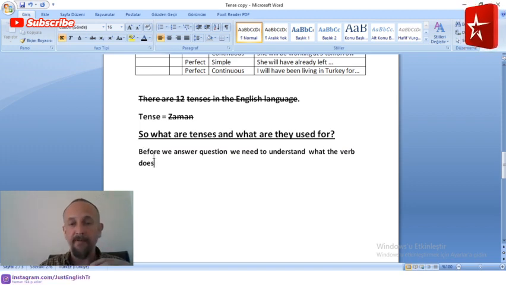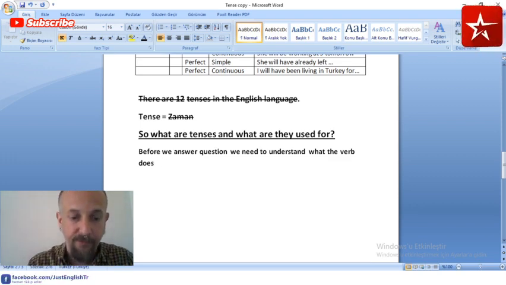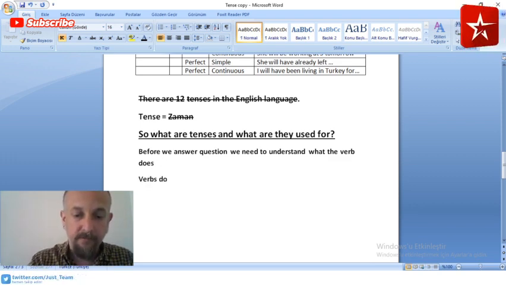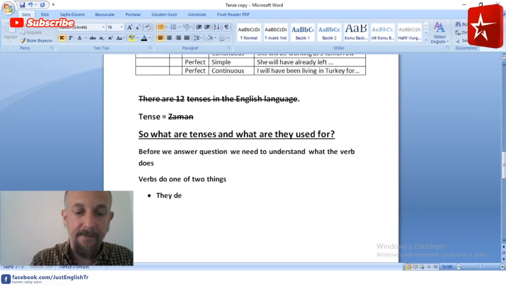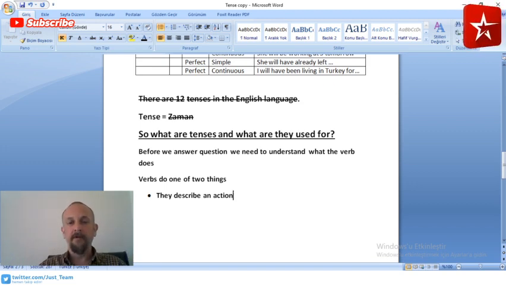So we need to think about verbs and what verbs do. And verbs basically do one of 2 things. They describe an action, the way an action happens.